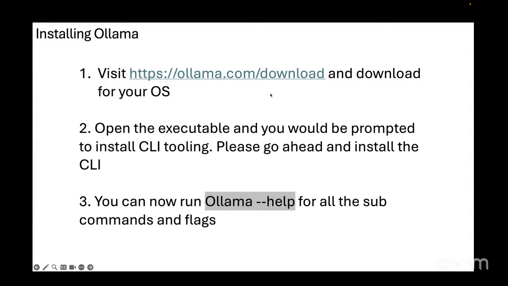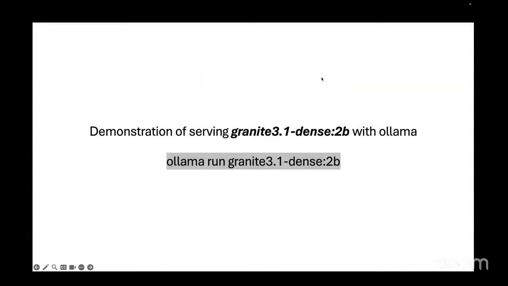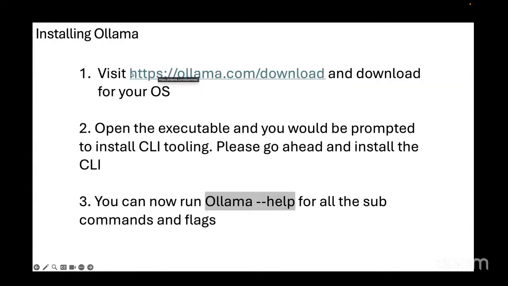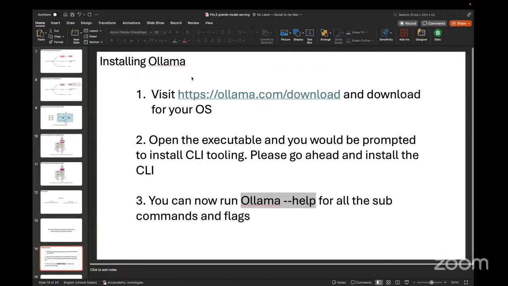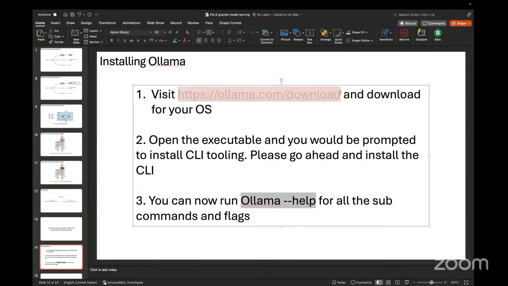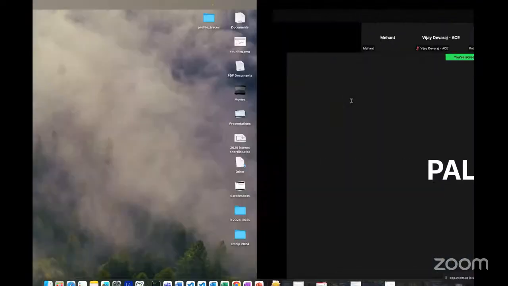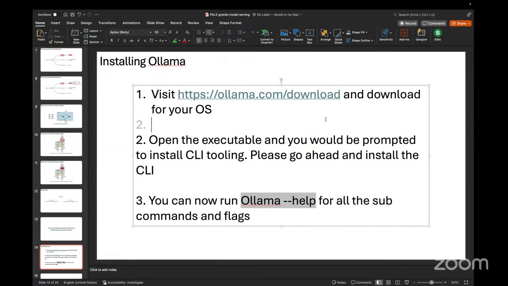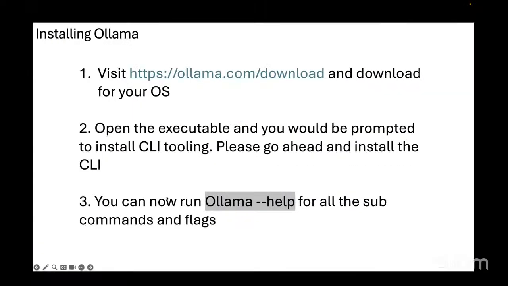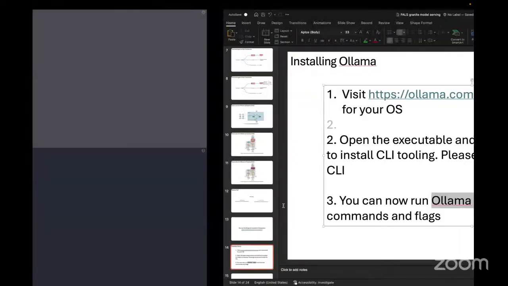I have downloaded it already, so I'm skipping this step, but the instructions are pretty straightforward once you go to this link. Once you have the Ollama CLI locally, you can run Ollama help to know all the commands. I can just quickly show.